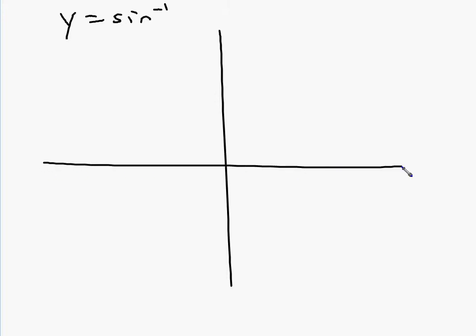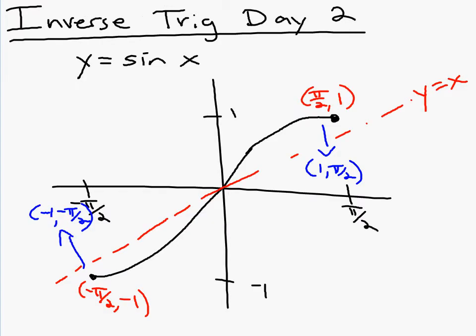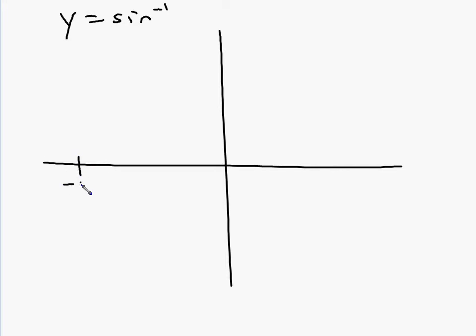Okay, so when we look at the graph of inverse sine, instead of going from negative pi halves to positive pi halves, it's going to go from negative 1 to positive 1. And then down here it's going to be negative pi halves to positive pi halves.